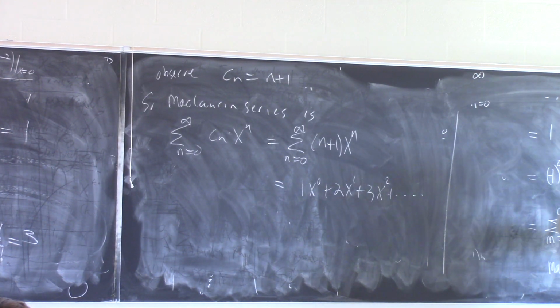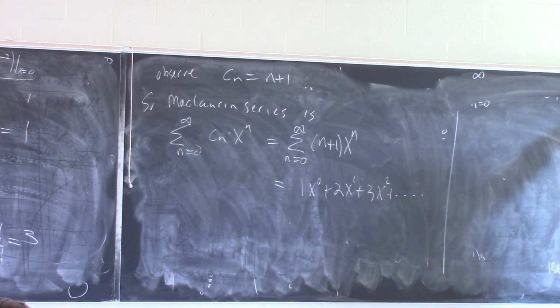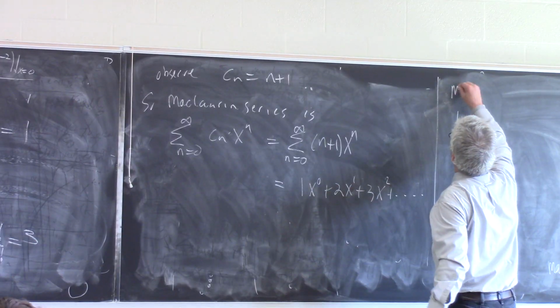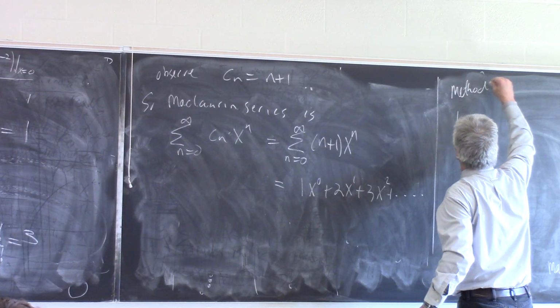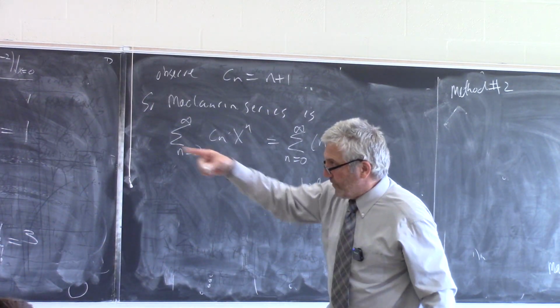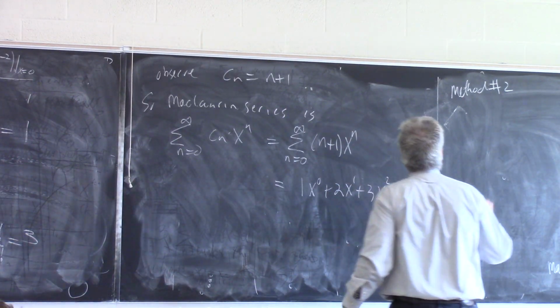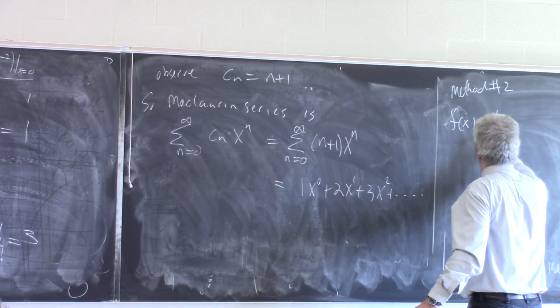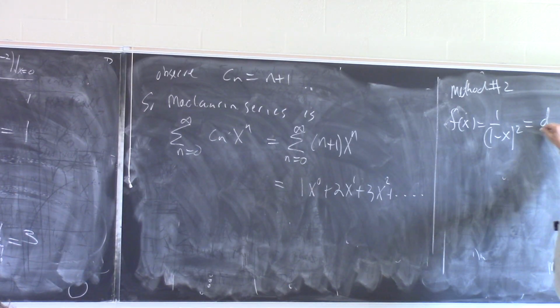Anybody know what method 2 is? Well, let's go back to our original function. f of x is 1 over (1 minus x) squared. But recognize that that's the derivative of 1 over 1 minus x, because if you take the derivative of this, you can use the chain rule and so forth, you get that.